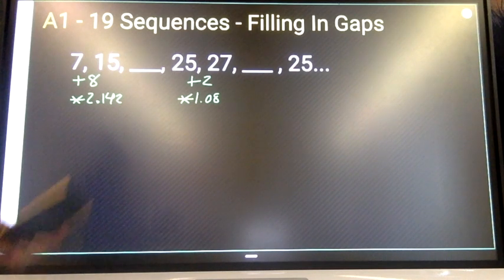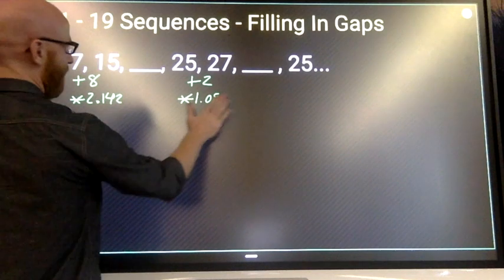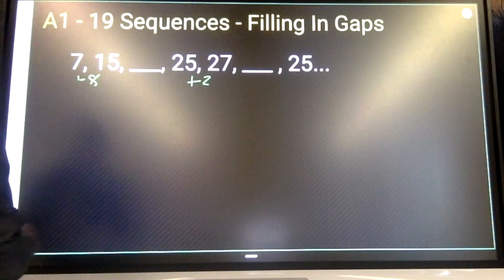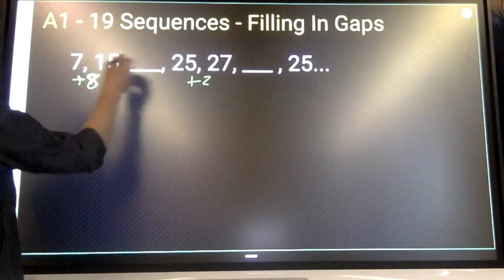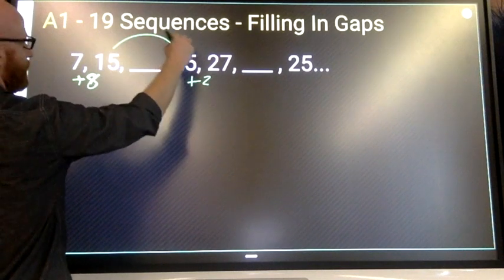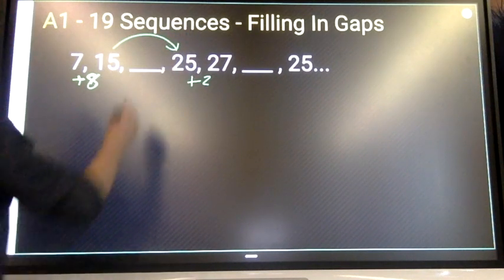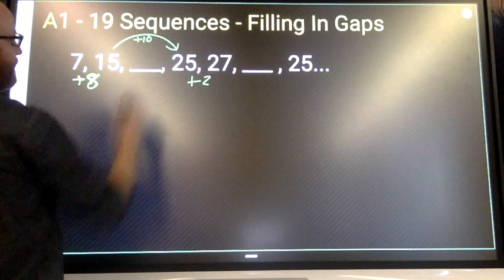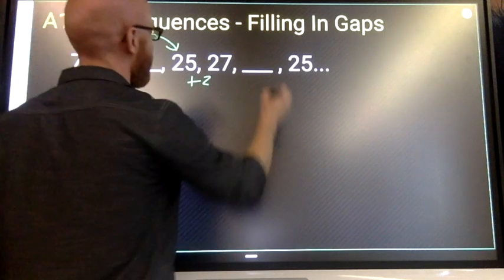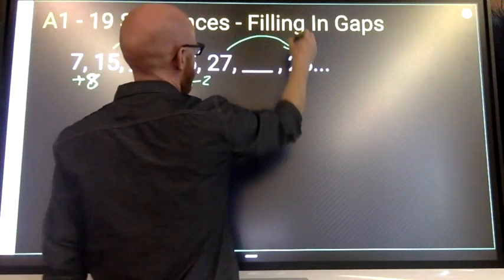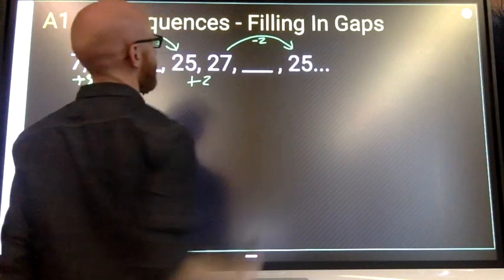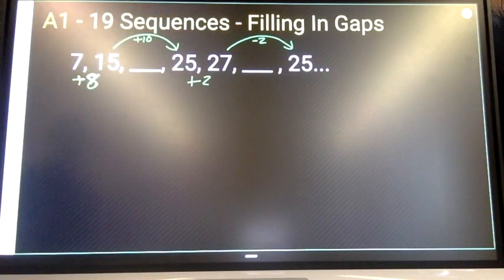And this will be tough. All right. I know that when I jump over a gap of 2 things, I'm adding 10. When I jump over this gap of 2 things, I'm subtracting 2.